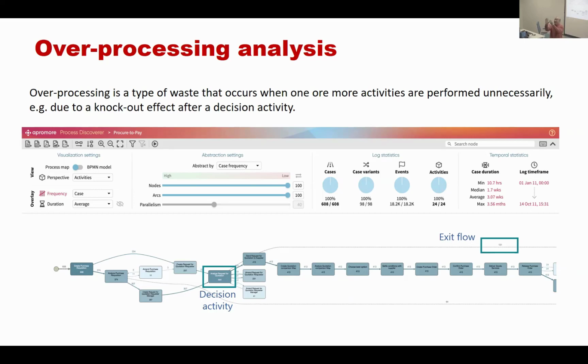And if I find such cases, then I will see what activities I performed before I aborted or canceled the case, and that is going to allow me to quantify how much overprocessing waste there has been in cases that have led to cancellation or abortion of the process.